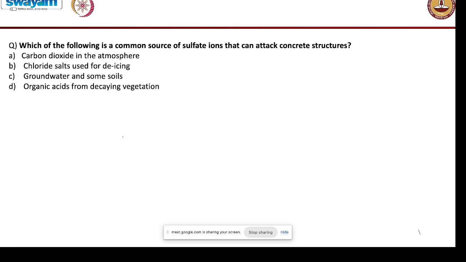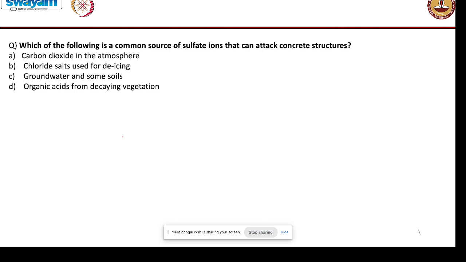The question is: which one of the following is a common source of sulfate ions that can attack concrete structures? Now we have seen what sulfate attack is: if sulfates go inside the concrete, they will react with the ettringite phases and form expansive products, which will lead to cracking.